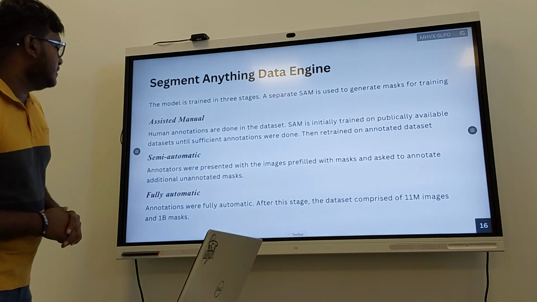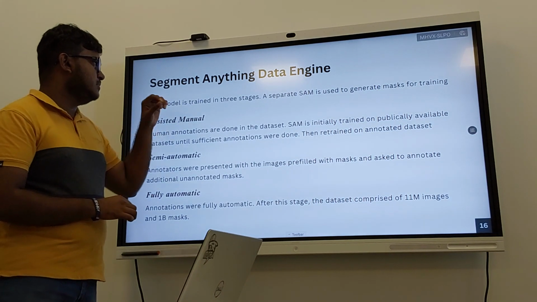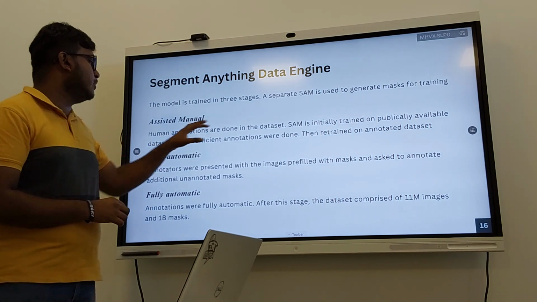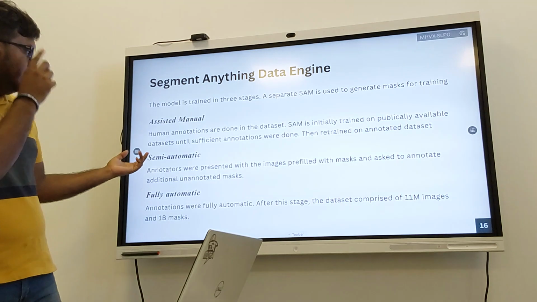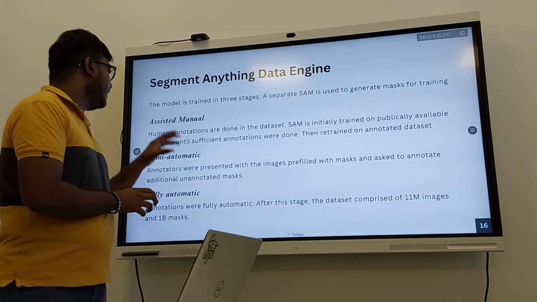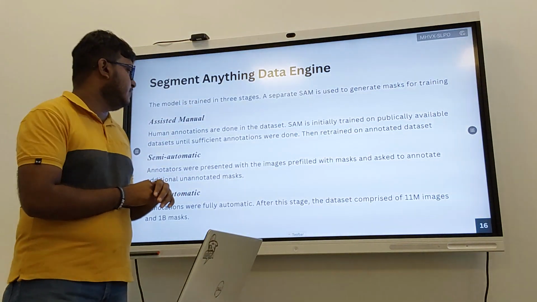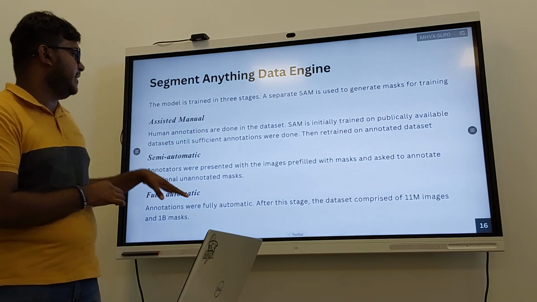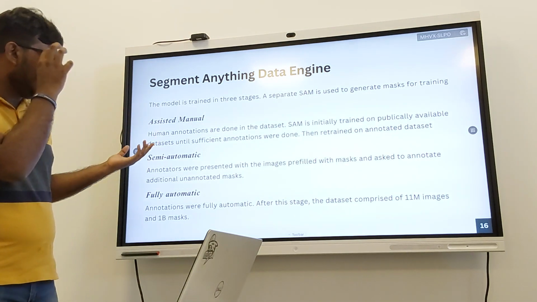In these 3 stages, in assisted manual, the original SAM model is trained on an existing dataset initially, and using that, humans annotate some data as well. So new data is given, humans annotate it, and a dataset starts to build.